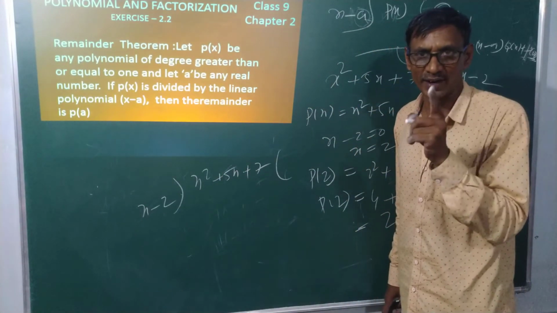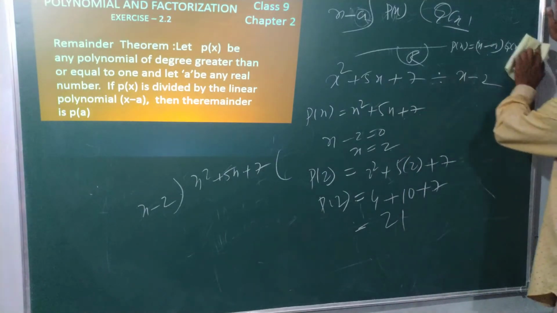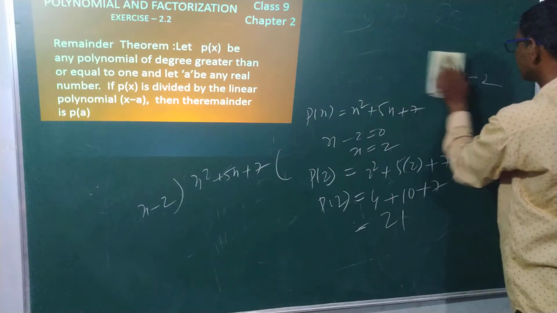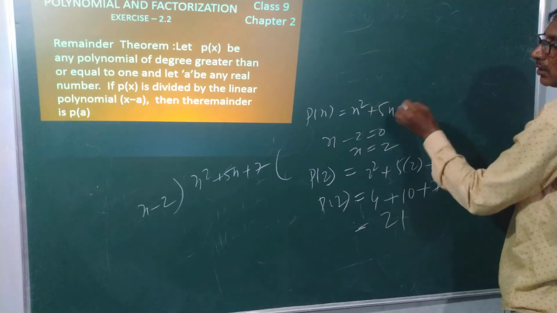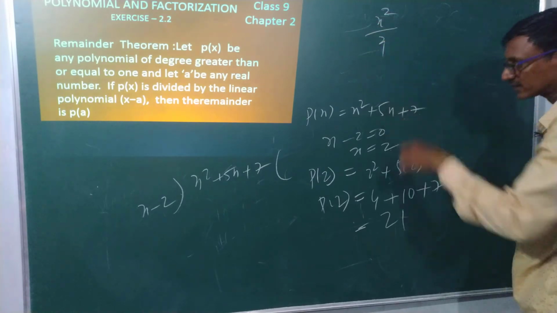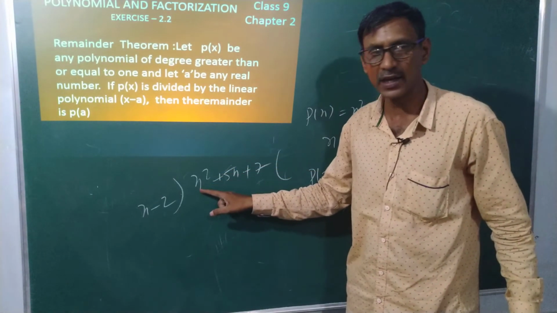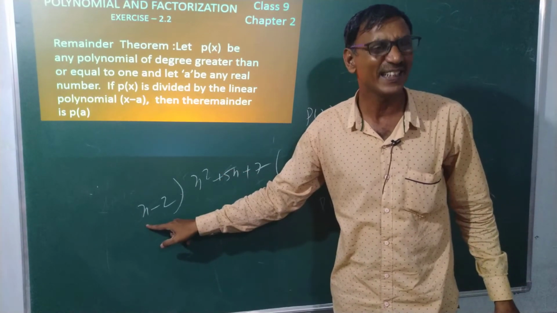Step 1. Always keep in mind, I will do it here. X square divided by x. I told you the highest degree term of the dividend is divided by the highest degree term of the divisor.